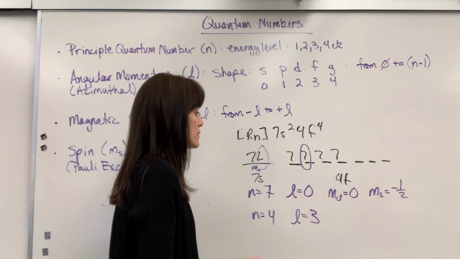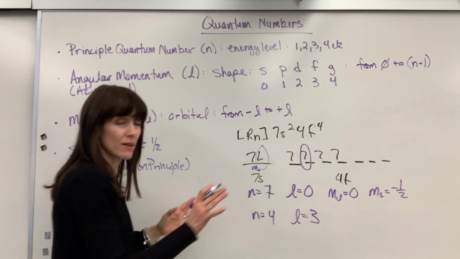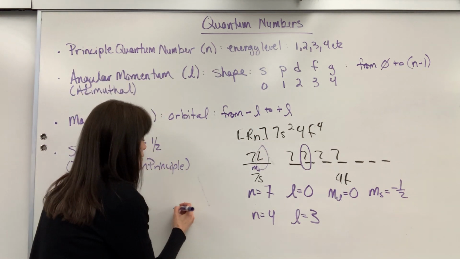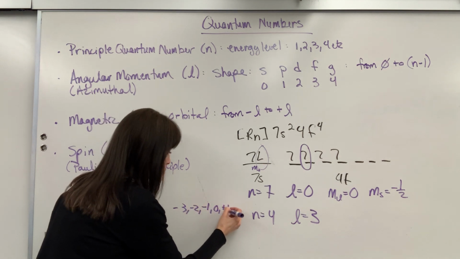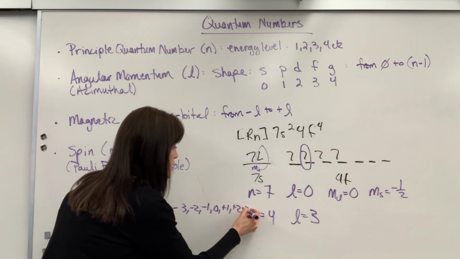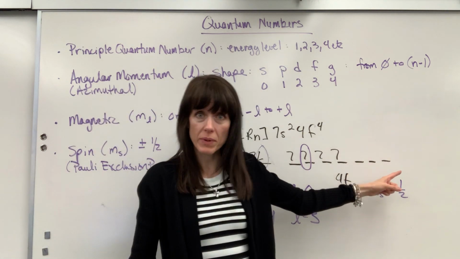Now our M sub L. The M sub L is negative L to positive L. Here are all of our possibilities. We could have minus 3, minus 2, minus 1, 0, plus 1, plus 2, plus 3. Notice 1, 2, 3, 4, 5, 6, 7, 7 orbitals.